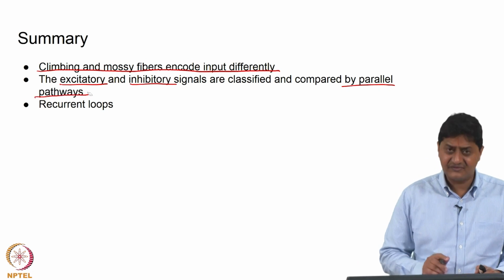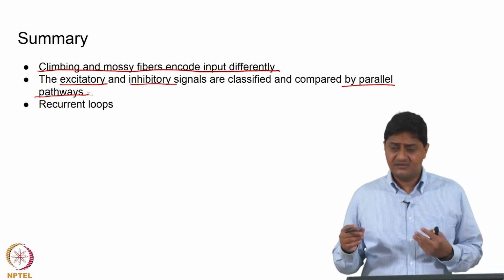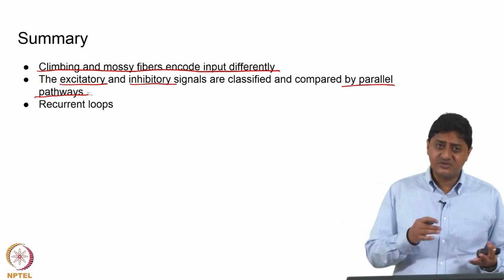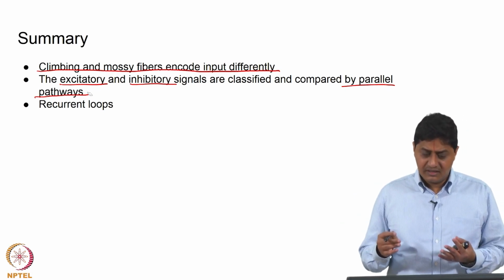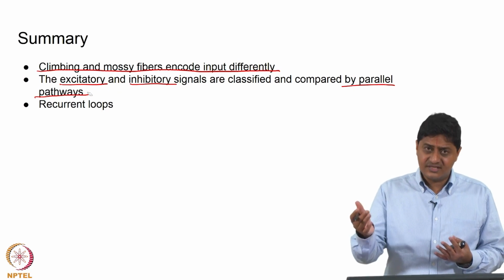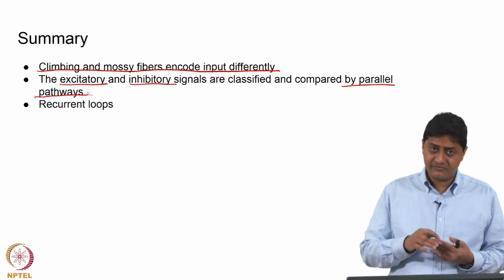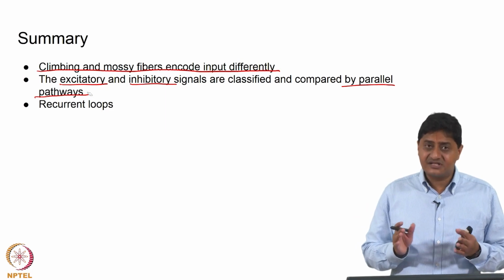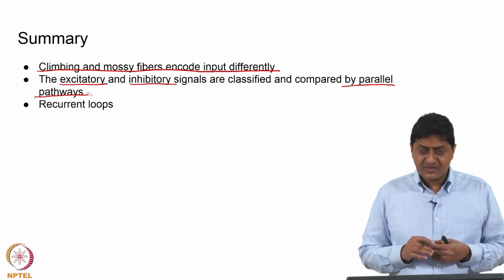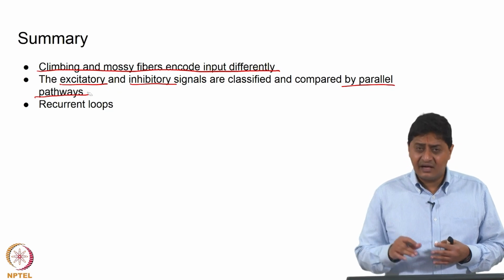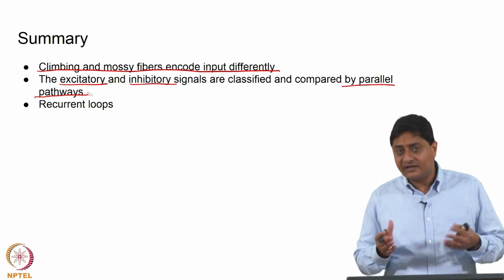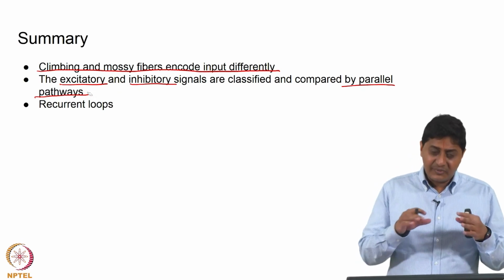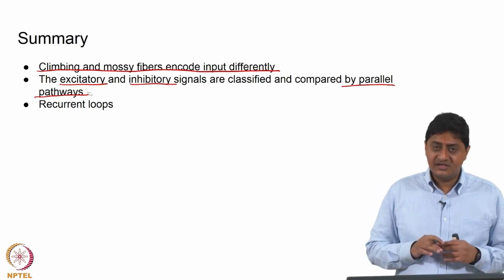We have discussed some of these: first, excitation from the mossy and climbing fiber system goes to the deep cerebellar nuclei, and the mossy system further excites granule cells, which excite the Purkinje cells in a divergent-convergent manner, whereas the climbing fiber directly and with greater influence excites the Purkinje cell, and the Purkinje cells inhibit the deep cerebellar nucleus.